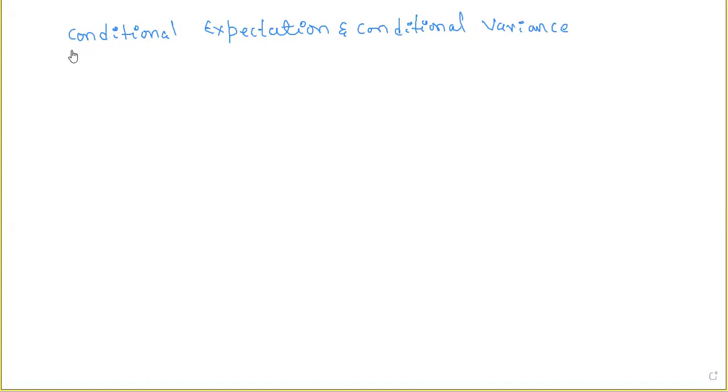It starts with the last topic, that is conditional expectation and conditional variance, right?